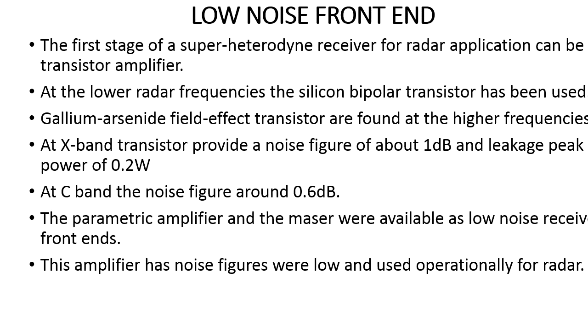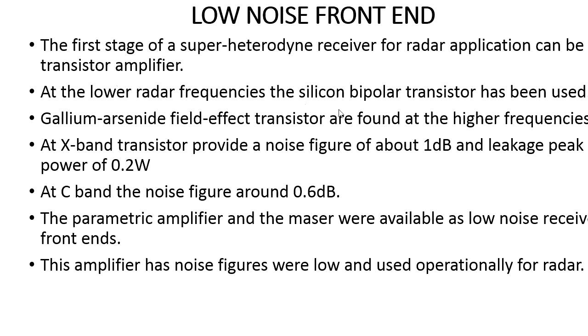Now the very first part of the superheterodyne receiver is the low noise front end. Here we are going to use a transistor amplifier. In order to detect lower range frequencies, we are going to use a silicon bipolar transistor.